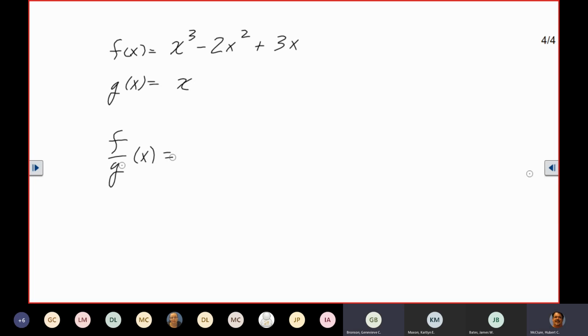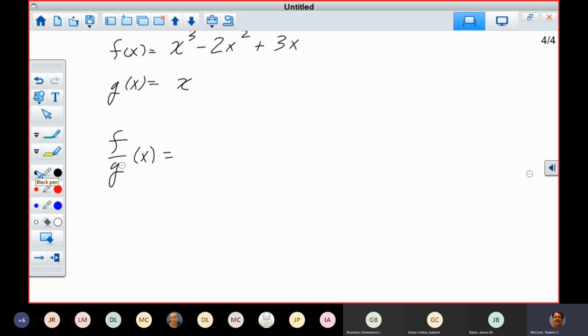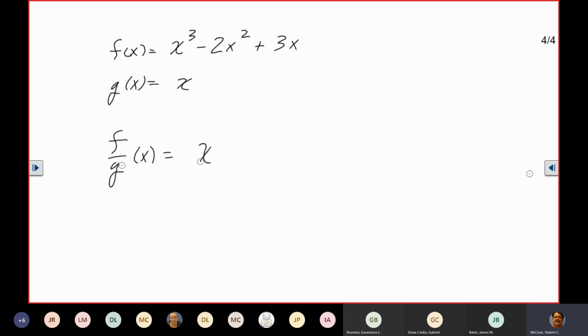Also, you want us to factor this out too, right? Well, honestly, you just put it over the x. That's all you do. Yeah, that's it. It's real simple. That'd be x squared minus 2x plus 3.